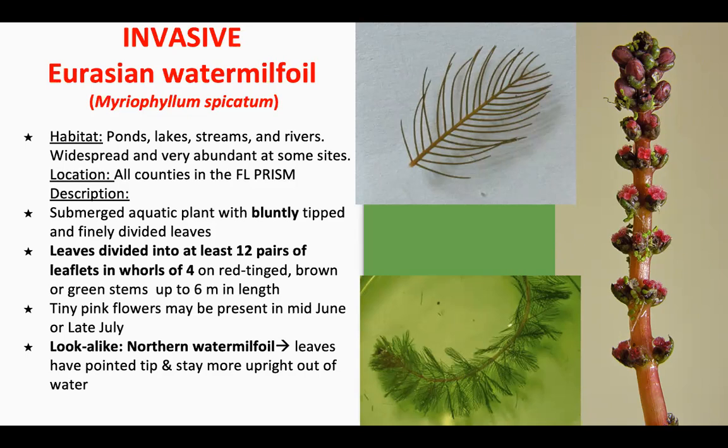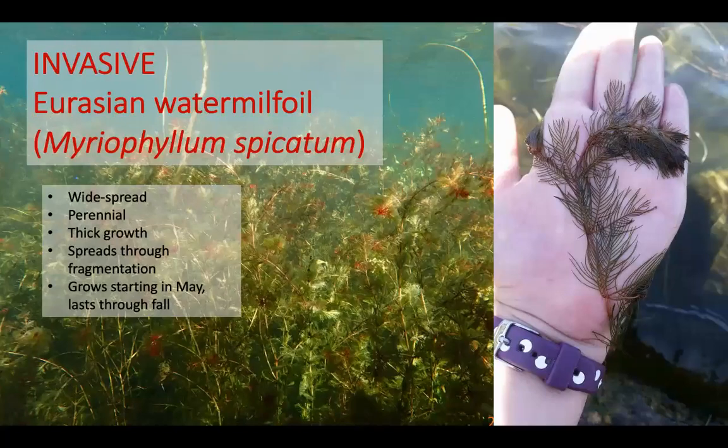And it does have a native lookalike species, the northern water milfoil. However, the leaves on northern are much more pointed at the top. It's not like a blunt tip. So that's one way to tell. And then I'll show you in this next slide. Eurasian water milfoil, if you take it out of the water on your hand, like this photo, kind of collapses on itself.